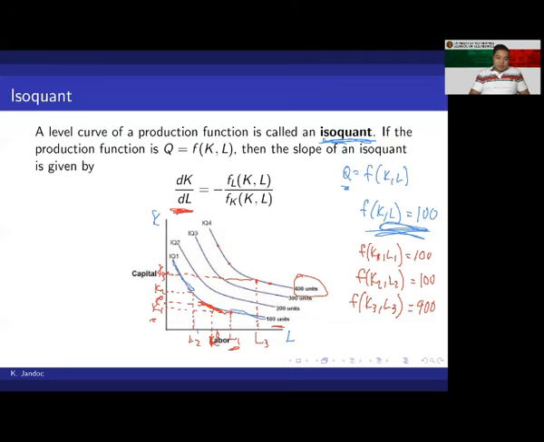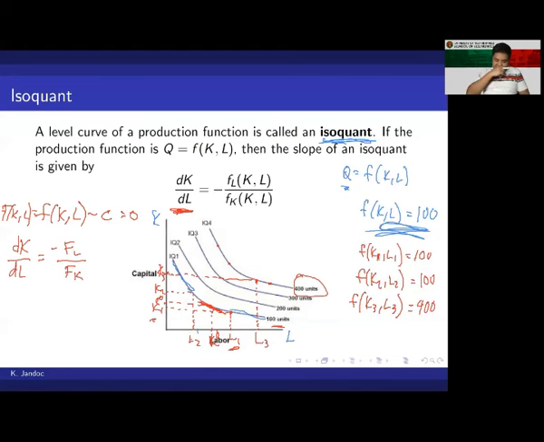So the slope of the isoquant is, again, you have this implicit function F(K, L) minus c equals 0. So this is your big F(K, L). The slope dK/dL is just simply, according to the theorem a while ago, negative of F_L over F_K.